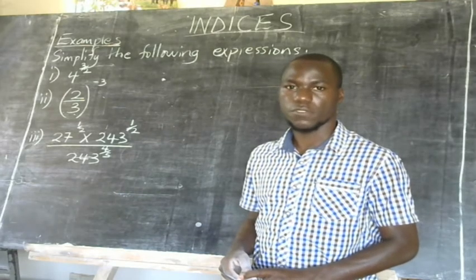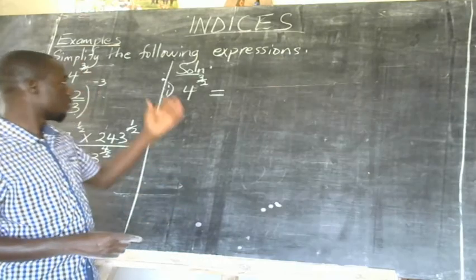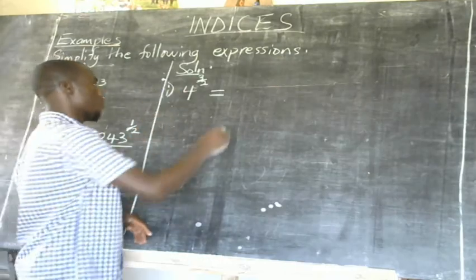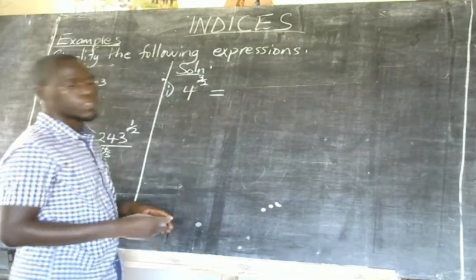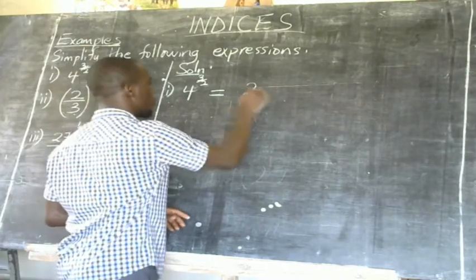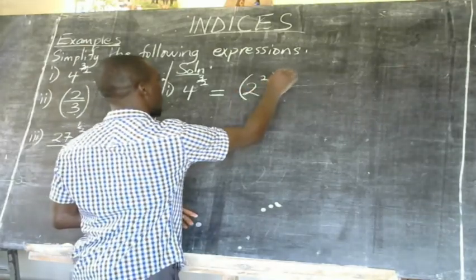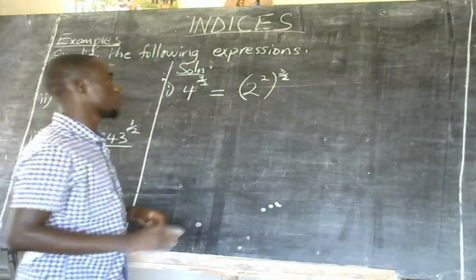Example 1, simplify the following expressions. Roman 1, we have 4 power 3 all over 2. Now, if I prime decompose 4, I'll be having 2 squared, and then there is a power of 3 all over 2 there.